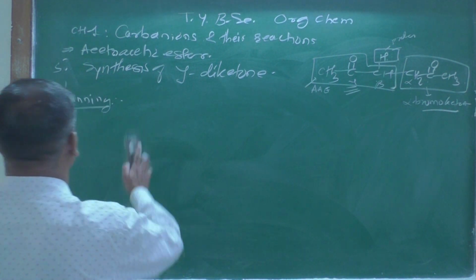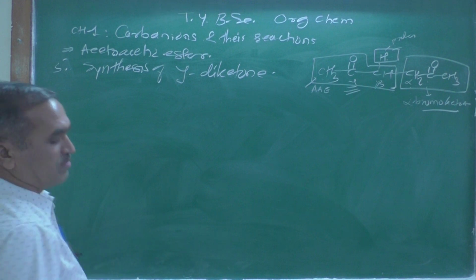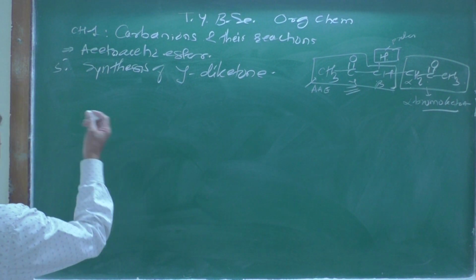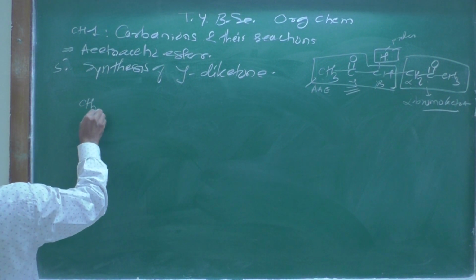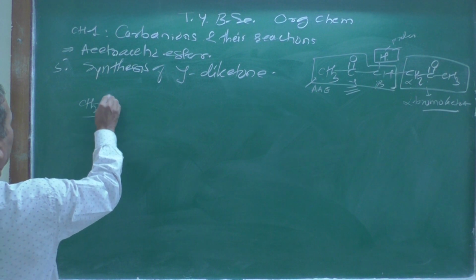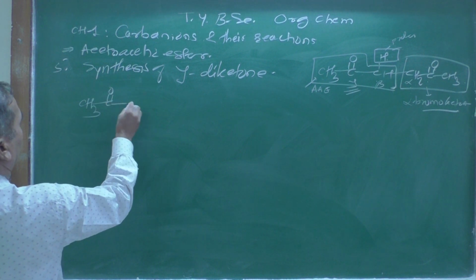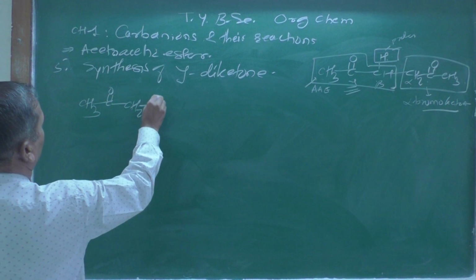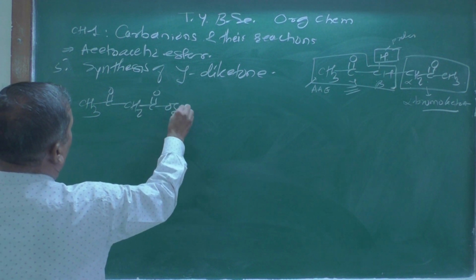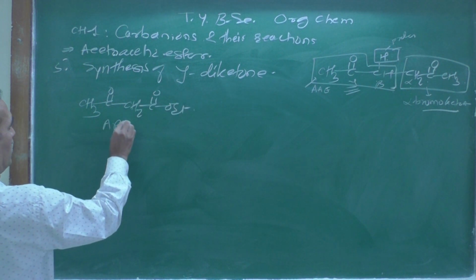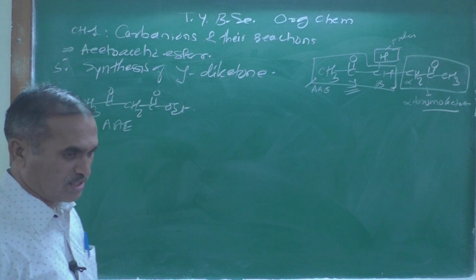Let us start the synthesis of this compound. Acetoacetic ester will be our starting compound: CH3, C double bond O, then CH2, C double bond O and OEt.